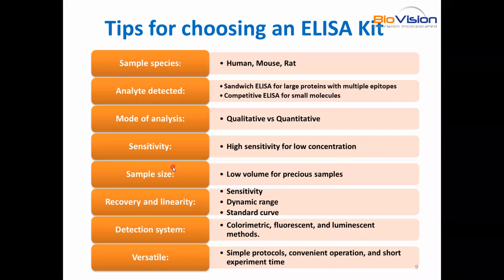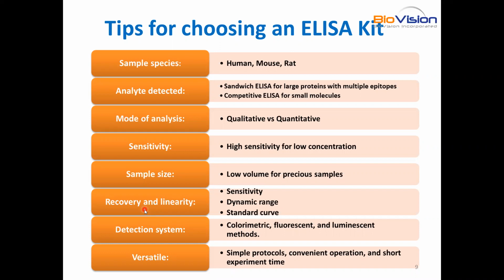So next parameter is recovery and linearity. So what does it mean? Recovery and linearity experiments are used to assess the performance of ELISA kits. So what does recovery data tell us? Recovery data will help to determine whether the analyte detection is affected by the differences in sample matrices.